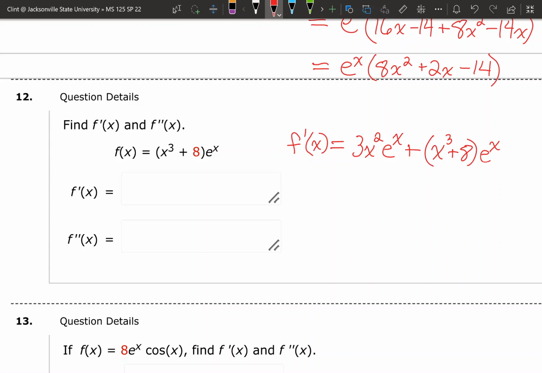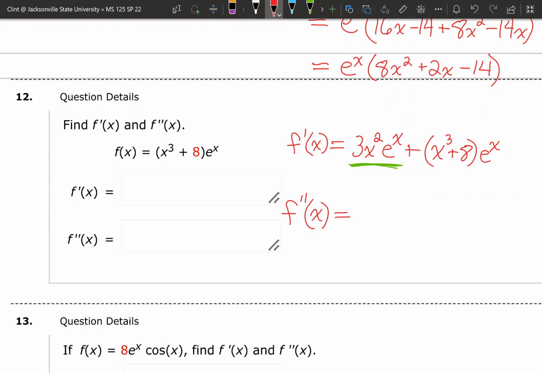And then second derivative is a little bit messier. We've got two product rules we have to do. So I'm looking at this one first. So I'm thinking about 3x squared is the first term and e to the x is the second term.